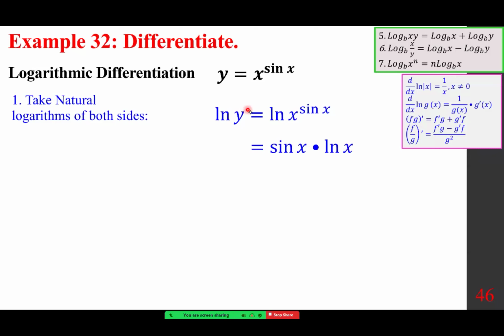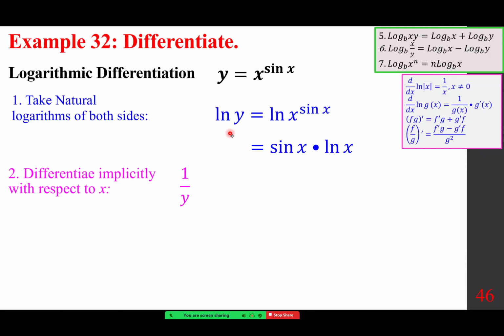Now we are going to differentiate both sides implicitly with respect to x, which makes this one 1 over y times y prime. The right side, we use the product rule.